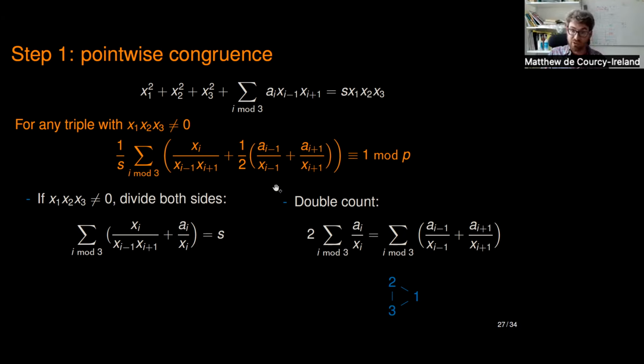So that's how you can simplify the congruence in this way. 1 mod p is the same thing as 1 over s times the sum over i mod 3 of xi over the product of the other two plus the average of the two off diagonal terms. So what we're going to do with this is count mod p. To count something, you just add 1 for every term, but we're going to add 1 mod p in this expanded way.